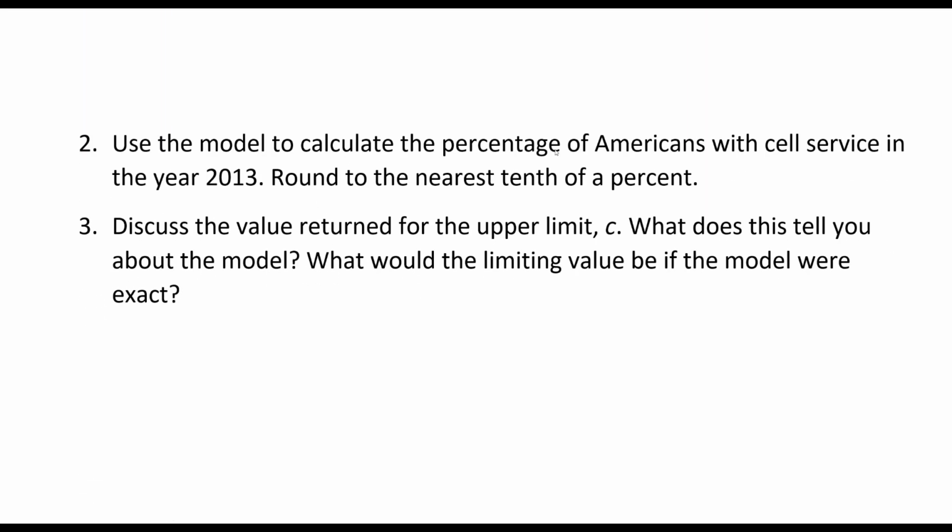Use the model to calculate the percent of Americans with cell service in the year 2013. So my modeling goes up to 18, so we'll plug in 19 to get that.